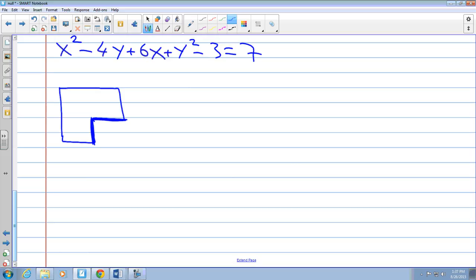Can you see what it wants to be? What is missing? Missing this, right? So if I come in and I do this, what did I just do? Yeah, I just completed the square. That's what we want to do.